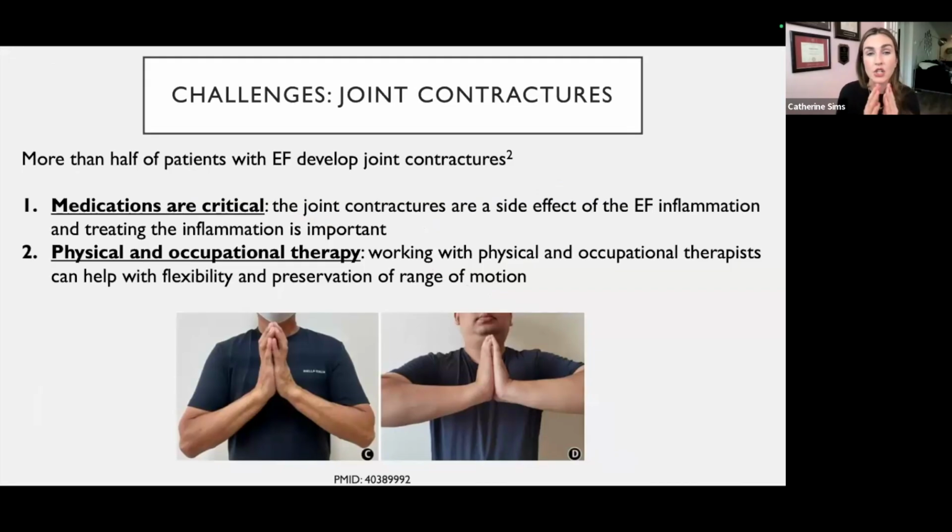So here's a picture of a patient who's super contracted, but with regular physical and occupational therapy, their range of motion and flexibility has drastically improved. And you can meet once with a physical therapist or occupational therapist. They'll give you exercises to do at home, and then you can spend 5 minutes per day doing these exercises in order to stay flexible.